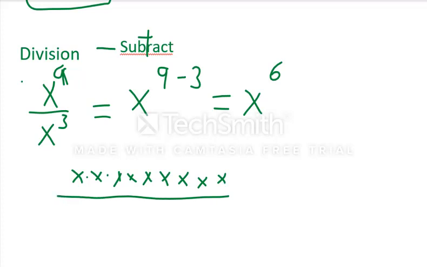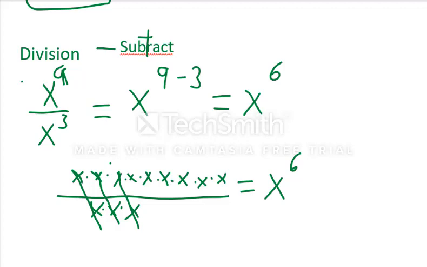And if I'm dividing by x to the third, there's 3 x's there. If we look at that, x and x would cancel out. That would cancel out. That would cancel out, become 1. We are left with 6 x's, which gives us x to the 6th.